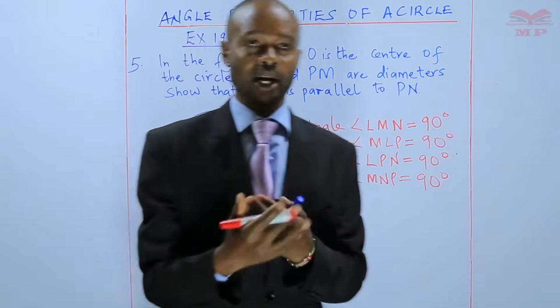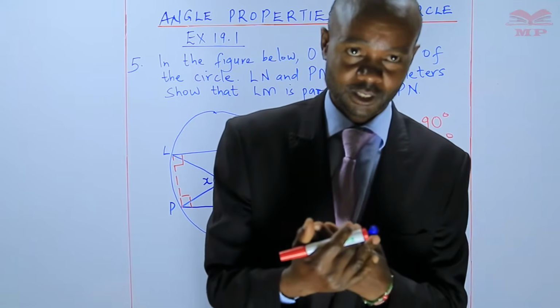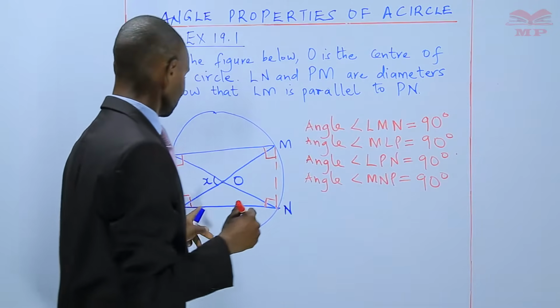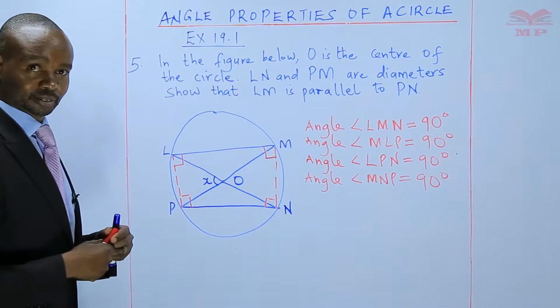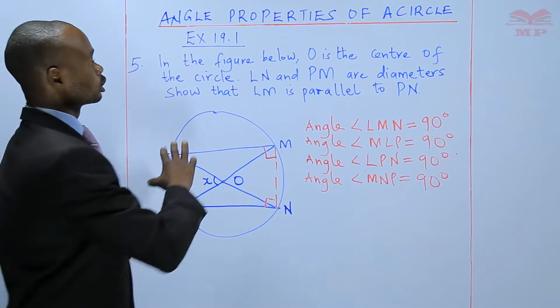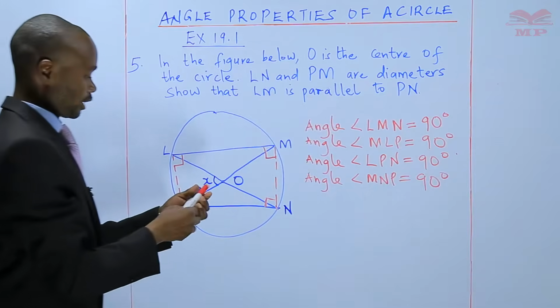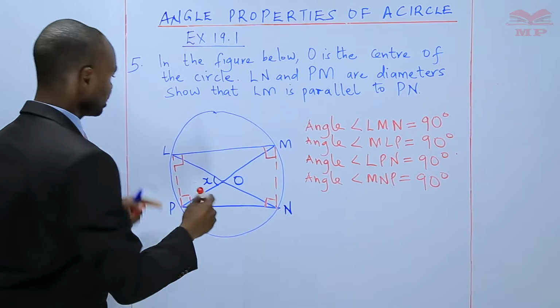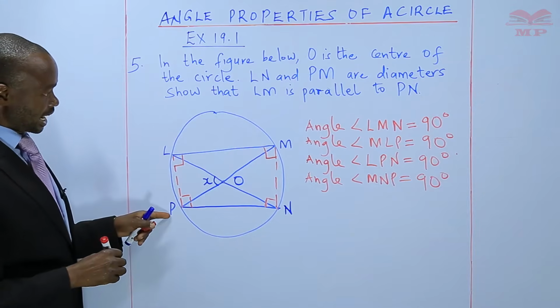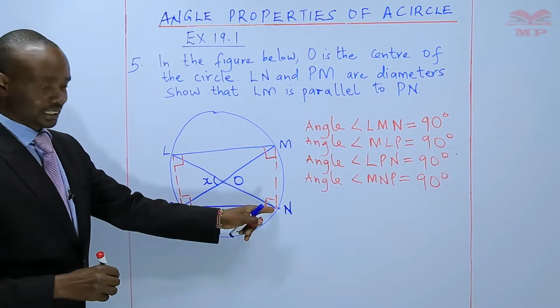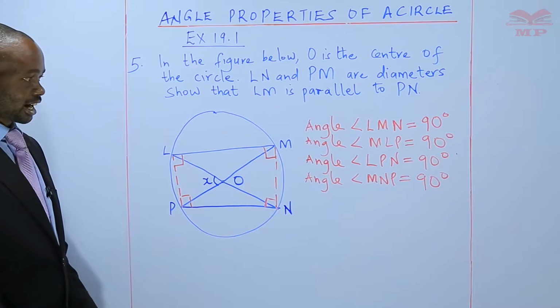That is a sure proof that the two lines are parallel. So to get to the proof, we say we now have LP and MN acting as perpendiculars.